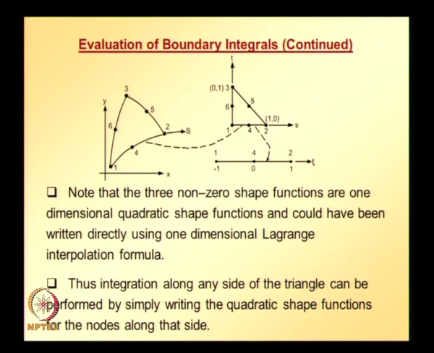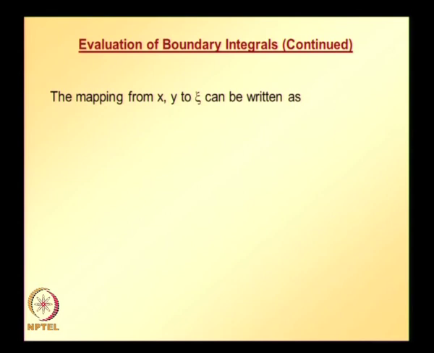Now, this side 1 4 2 of the physical element is mapped onto side 1 4 2 of the parent element, and this mapping in terms of psi can be written like this: x is equal to N1 x1 plus N2 x2 plus N3 x3, because the rest of the shape functions are 0.